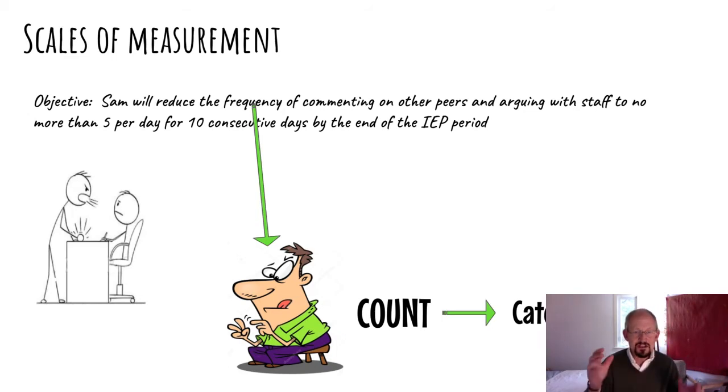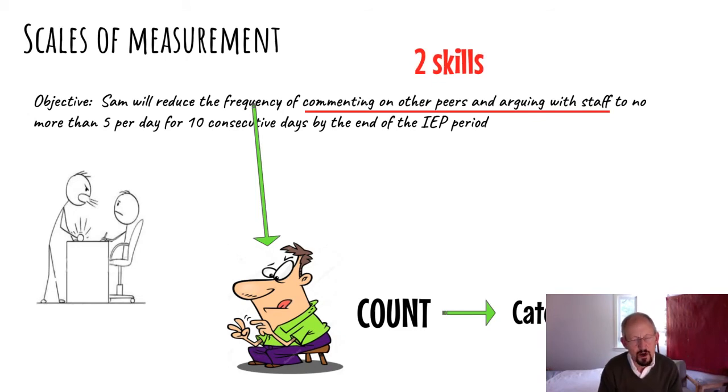Okay, and as long as those windows for taking the count are consistent, then we can compare counts across days or times. Okay, so the key point here is the scale of measurement has to be calibrated to what's feasible, which are your methodologies. And this goes back to that earlier comment that the definition or the operationalization, the benchmark, the scale, and the evaluation all work together and have to be tweaked so that they can work together.